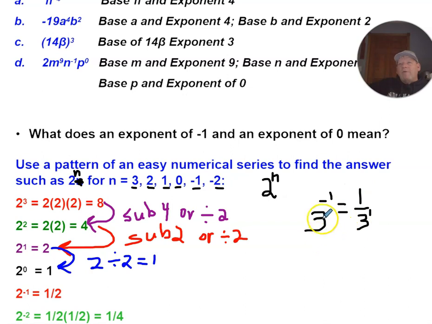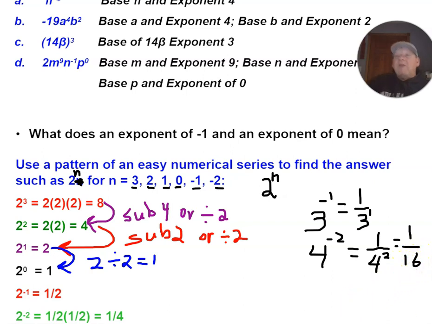So 1 over the base would be in the denominator, raised to that first power. So if I have 4 to the negative second, that would equal 1 over 4 to the second, which equals 1/16.